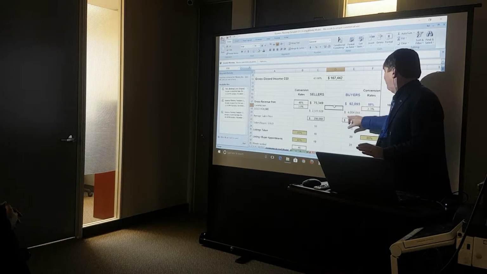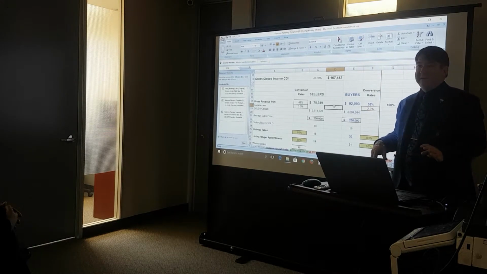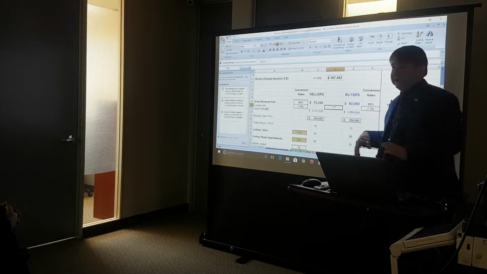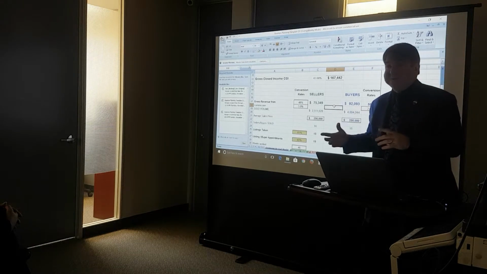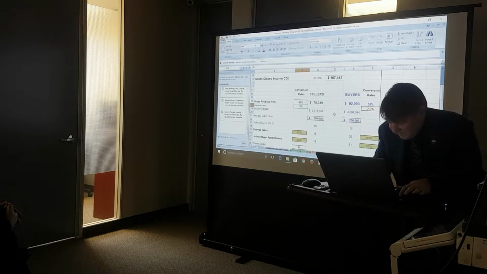These are the total volume of properties that you need to sell. So right now, if I were to get 3%, gee, I only need to sell $2.5 million worth of housing. Let's put it back to 2.5 or 2.4 or something.